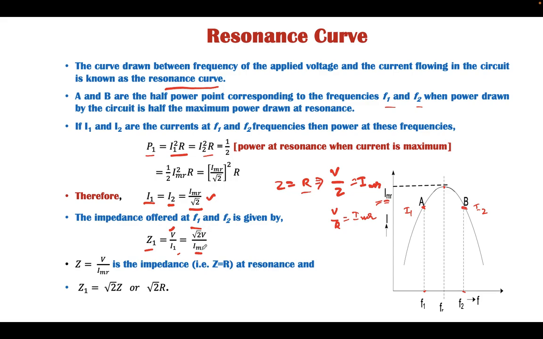V upon IMR is nothing but R. Hence Z is equal to V by IMR, which is R at resonance, and hence Z1 is equal to root 2 of Z, or root 2 of R at resonance.